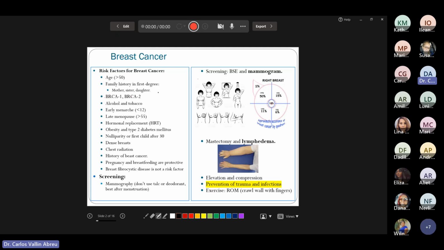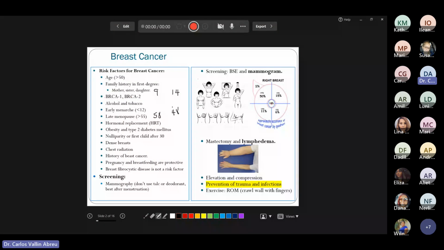If you start producing estrogen when you are 9, in comparison with others that start producing estrogen when they are 14. And then the other is late menopause: you stop producing estrogen when you are 58, and she stopped producing estrogen when she was 48.